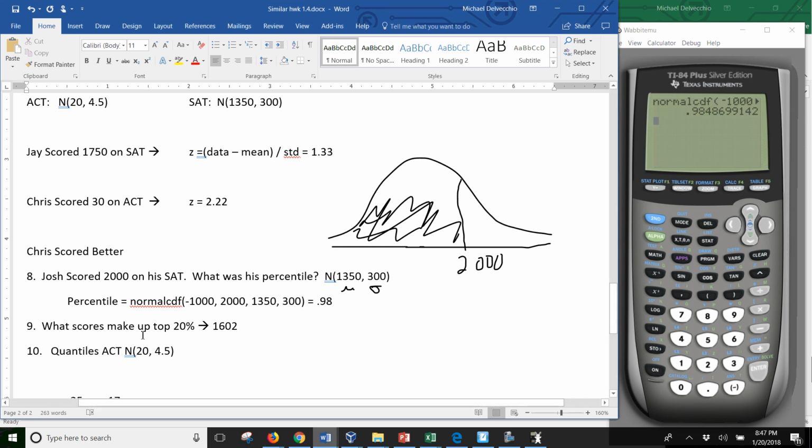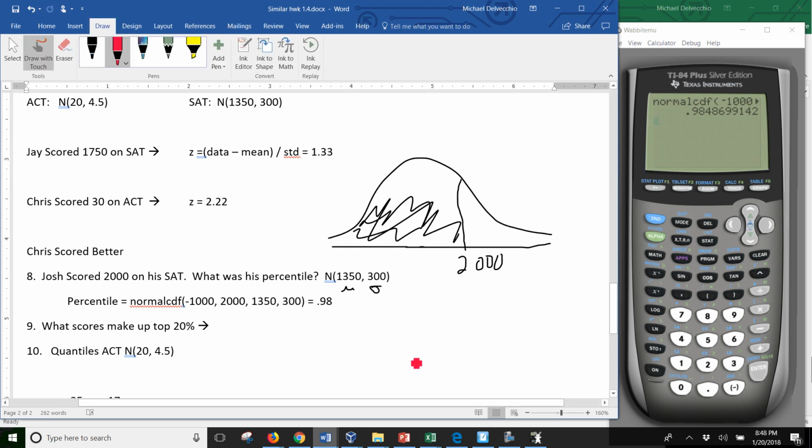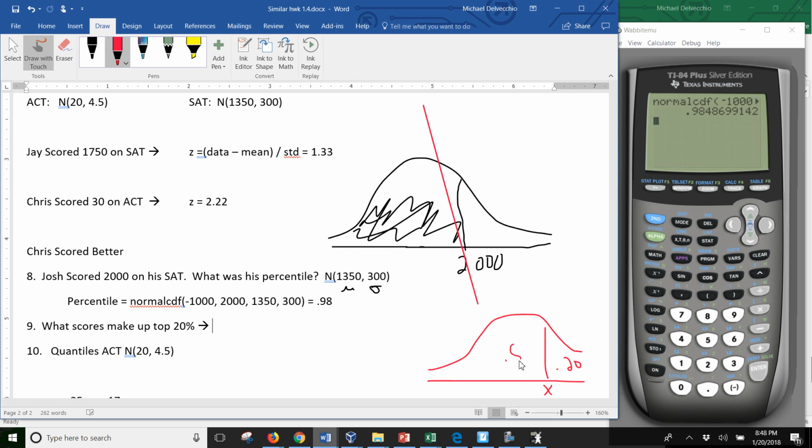This next one though says what score makes up the top 20%? So let's recognize again that, let's draw a picture. Draw it down here. So the top 20%, well, that's going to be the same score that separates the lower 80%, right? So it's 1 minus 20%.